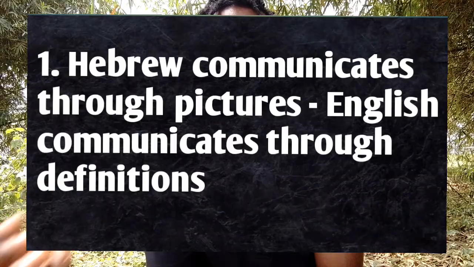Now, here is point number 1. Hebrew communicates through pictures. English communicates through definition. Let me say that again. Point number 1, Hebrew communicates through pictures and English communicates through definition, right?